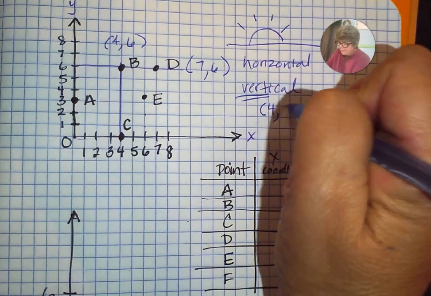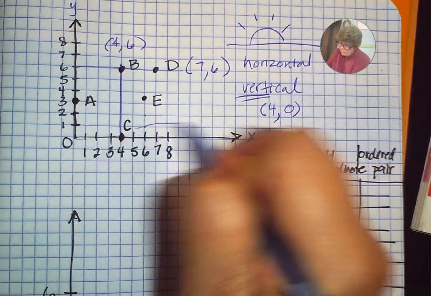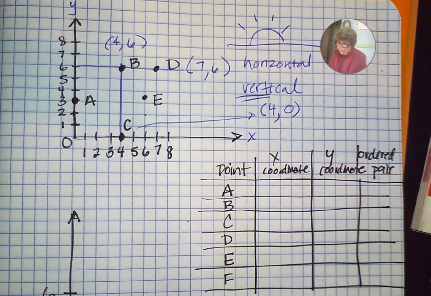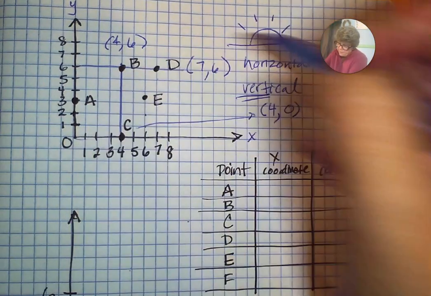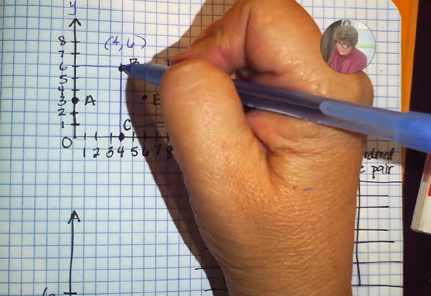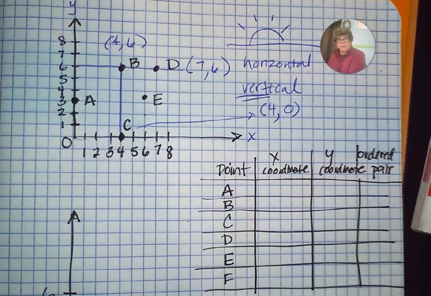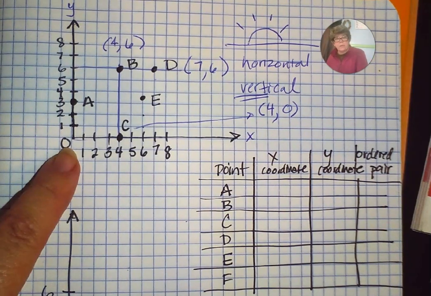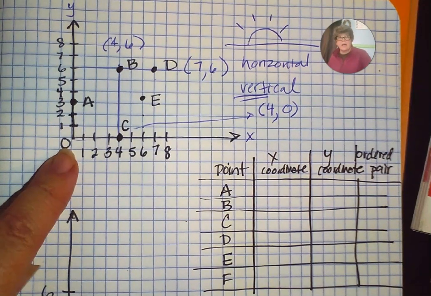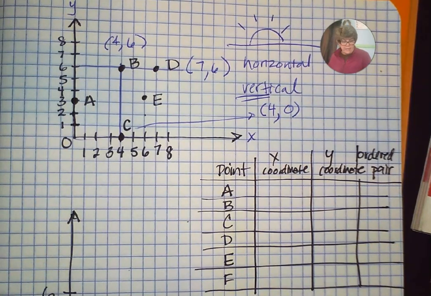So that would be 0 for C, and then for B, it would be 4 and 6. They're both on the 4, right? Okay, very good. So today we're going to identify, plot, and describe the locations of points on a coordinate plane that has a scale other than 1. So this one has a scale of 1, but we're going to be working on scales other than 1 today. Okay?